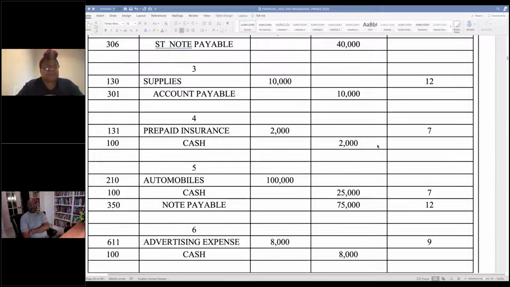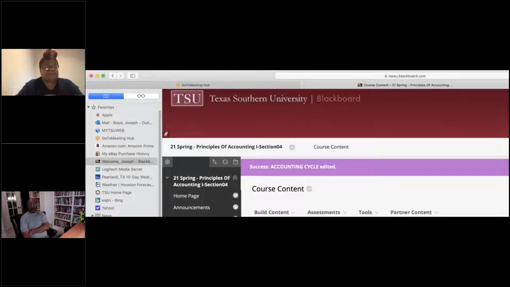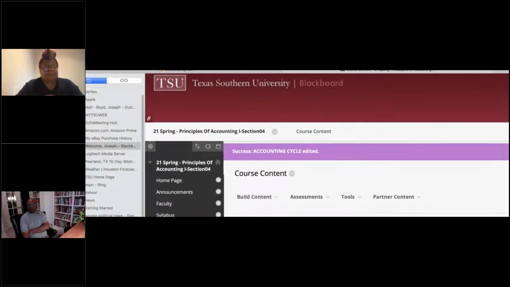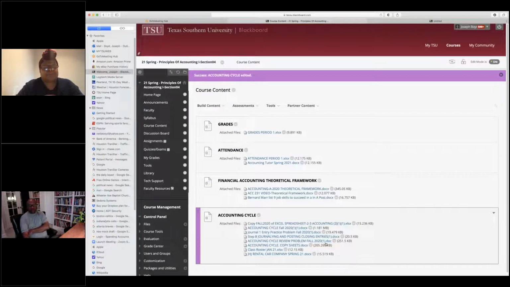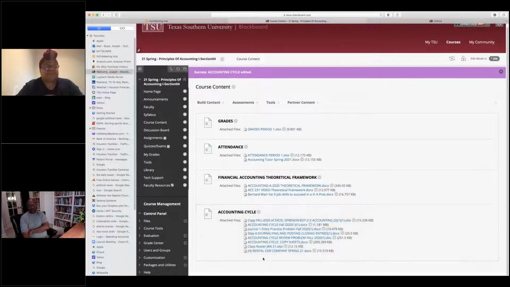Here's the class roster. So there are 60 or 70 journal entries. You simply have to work the one that corresponds to your number in that class roster.